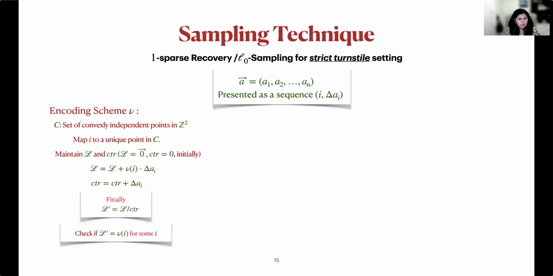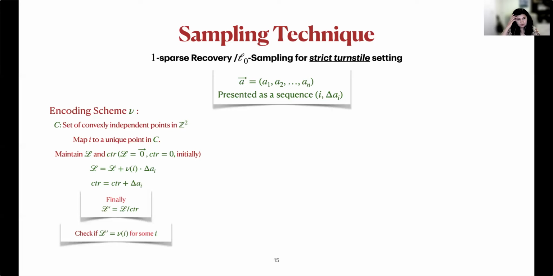Notice that as the stream progresses, at every intermediate point, the value of L is a linear combination of the encodings of certain coordinates.